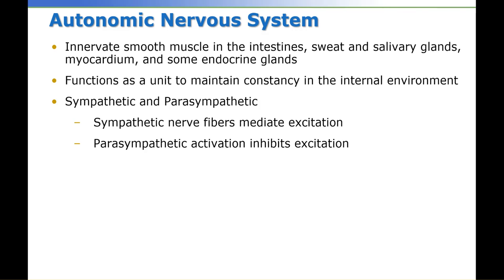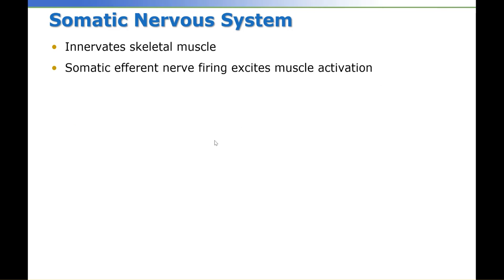The somatic is a voluntary nervous system. Somatic efferent nerve firing excites muscle activation. Autonomic nerves either excite or inhibit.